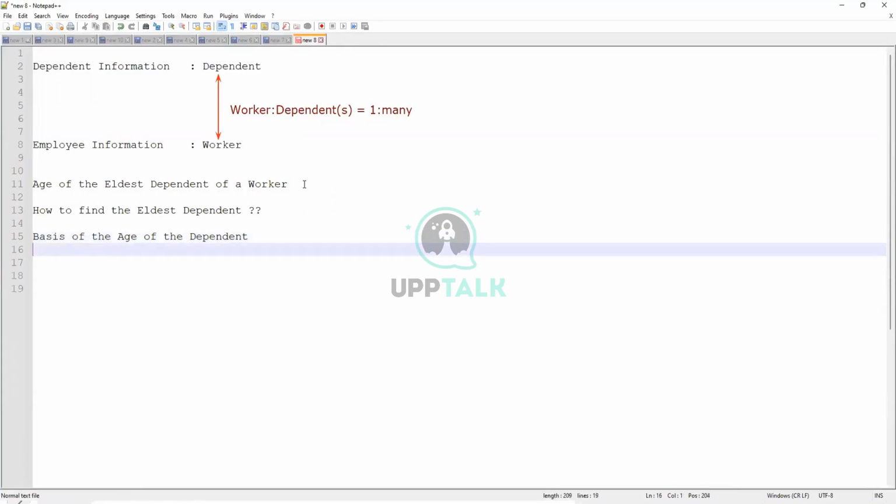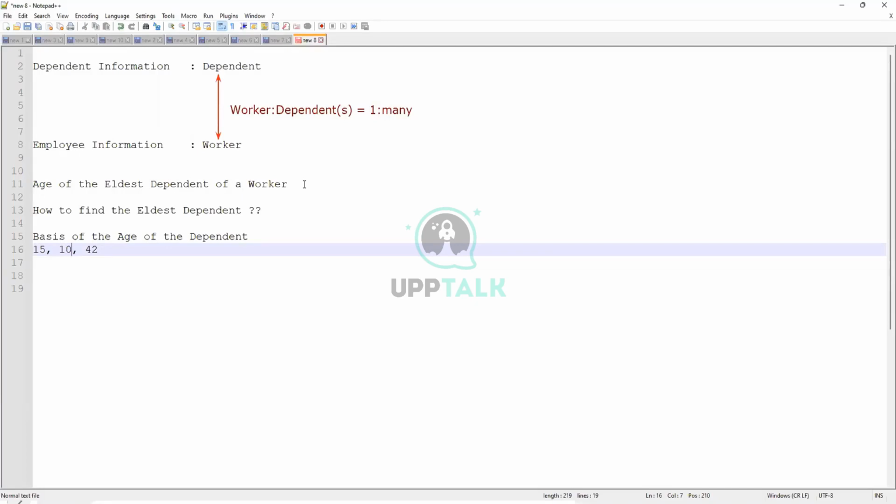And then if I am going to find the eldest, what can I do? Can I sort it in some manner and then take one? Let's say you have the ages 10, 15, and 42. Let's make it the other way around: 15, 10, and 42. So how would you find the eldest one?